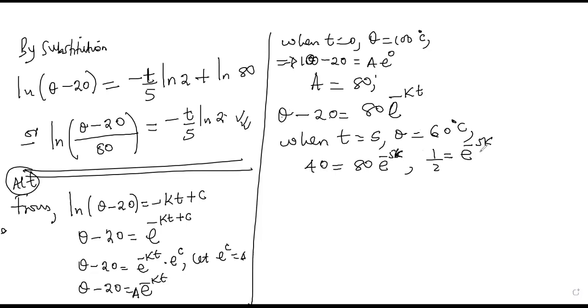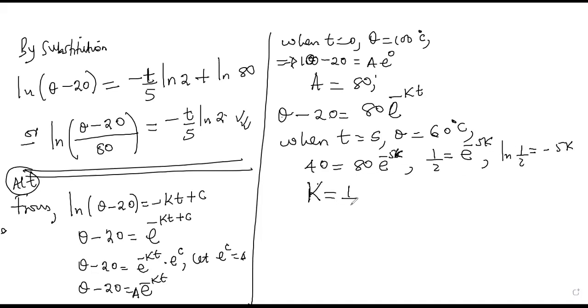If I need k now, I will bring ln again. So I will have ln half is equals to negative 5k. So still you can get your value of k.